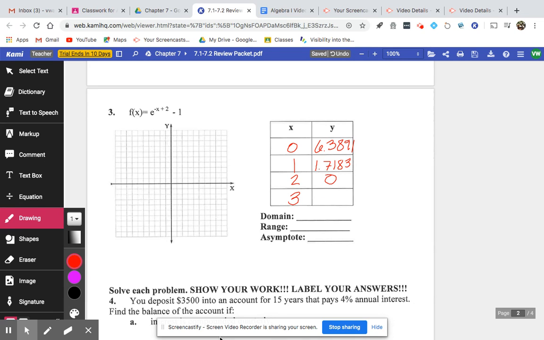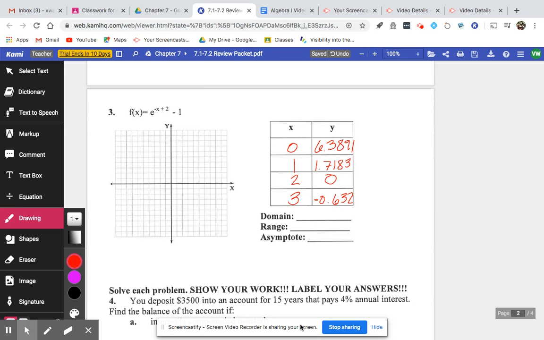Whenever you plug a 3 in, you get -3 plus 2, which is -1. e to the -1st minus 1 will get you negative 0.632. I'm going to plug up my points here, and here we go.